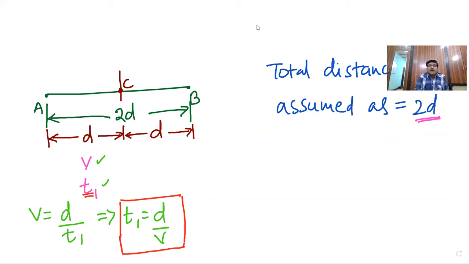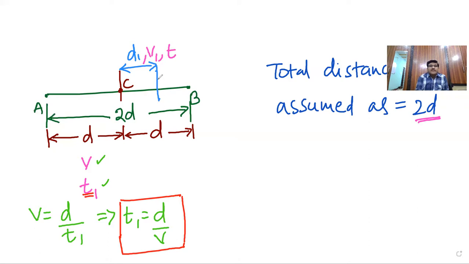Now observe the second half, where d is the distance. Out of this second half d distance, some portion, let us say d1 distance, is traveled with the speed v1 for a time interval of t.